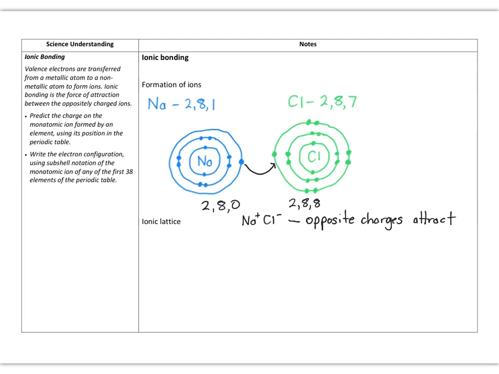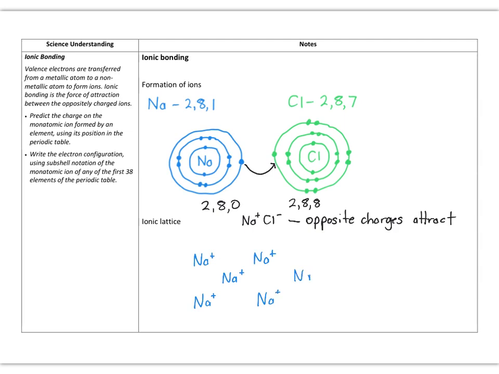What actually happens is we don't just get one sodium and one chlorine atom bonding together. We get the formation of a continuous lattice of sodium and chloride ions, which are all held together by that electrostatic force due to the opposite charges in a network. So if I was to draw that out, this is a two-dimensional representation of what we would see if we could look inside sodium chloride, which you probably know is just normal table salt.